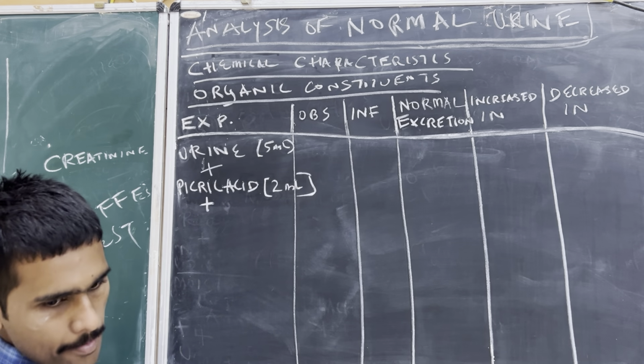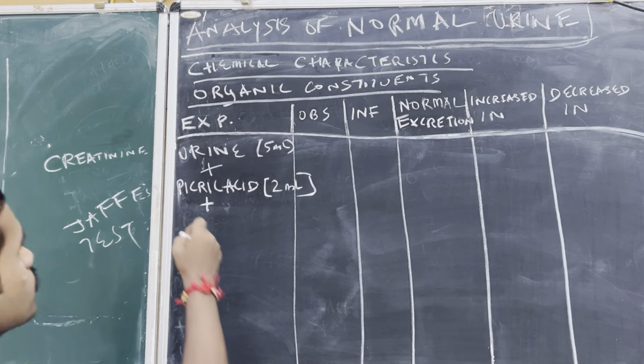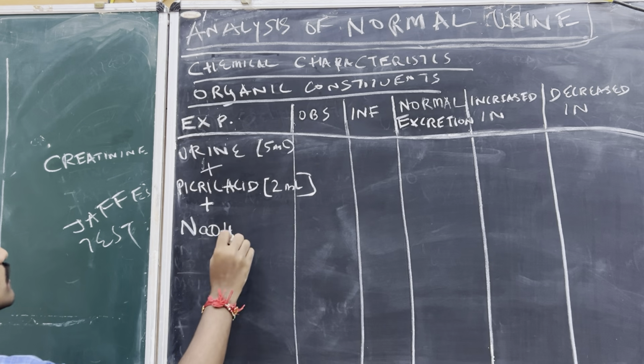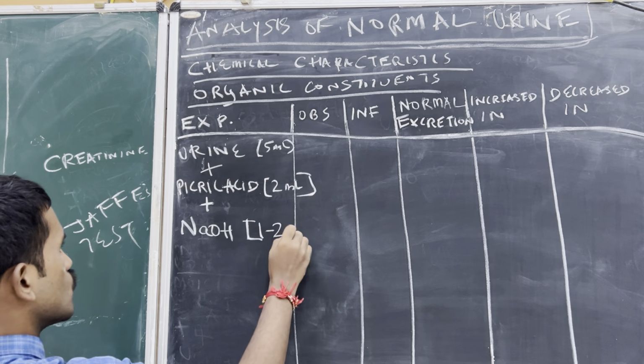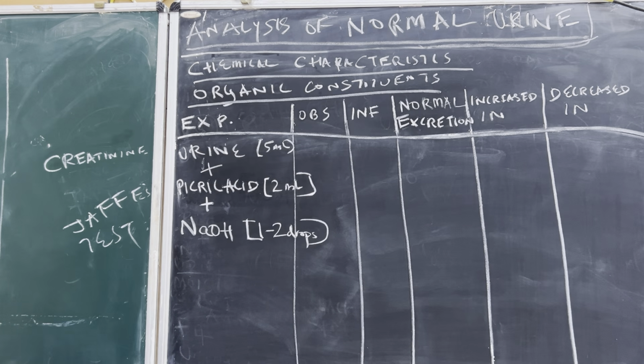And we take 10% sodium hydroxide, 1 to 2 drops. So urine plus picric acid plus 10% sodium hydroxide.